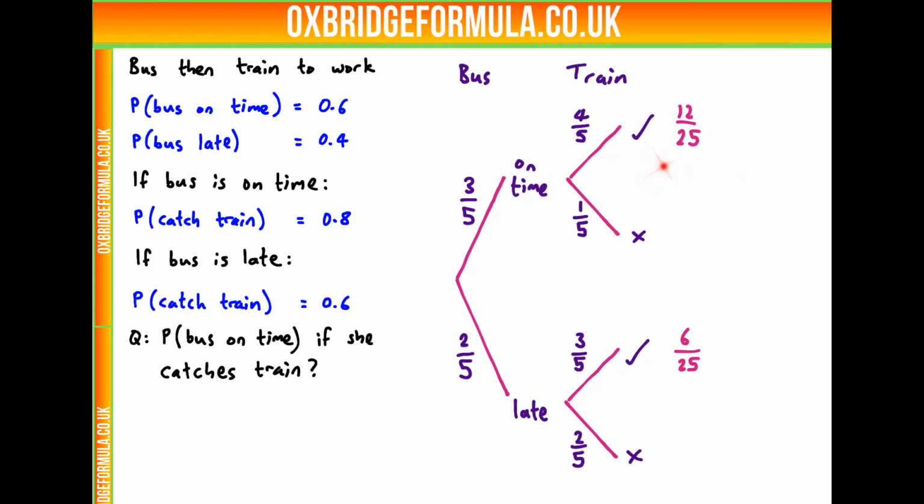So we take this 12 and we divide it by the sum of 12 and 6, because that gives us the probability that the bus was on time given that she has caught the train. So this is the same as 12 over 18. 12 over 18 simplifies to 2/3. So this is our final answer, which corresponds to E.